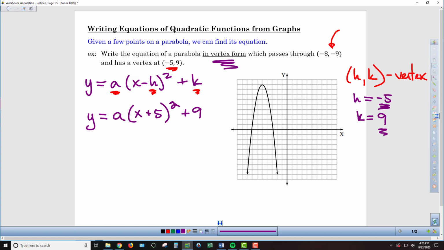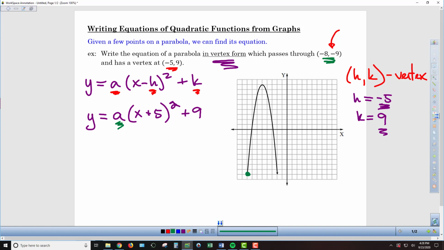I've got the h and k plugged in, but I still need to figure out what the value of this a is right here. And so that's where this additional point is going to come in. Because if I know that that point works in my parabola, and I can see it on my graph, (-8, -9), if I go to this location right here, I can see that my graph is going through that location.